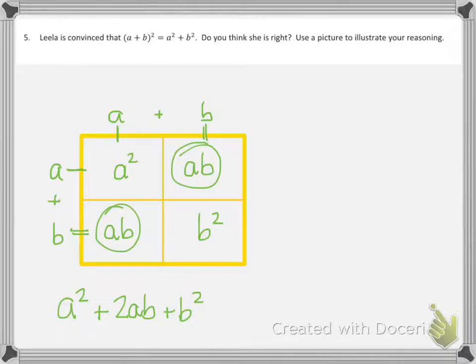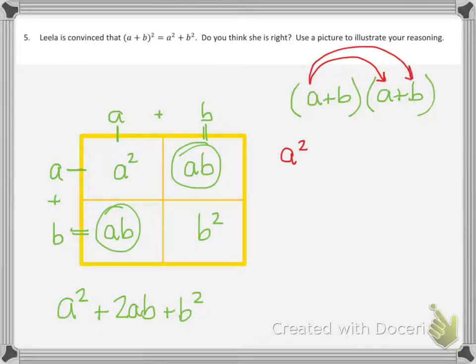All right. We can also look at this in this way. Without using the model, we could say a plus b times a plus b, two binomials. And we can multiply those together just by using the distributive property. So a times a, that's a squared. And then a times b, that's a positive ab.